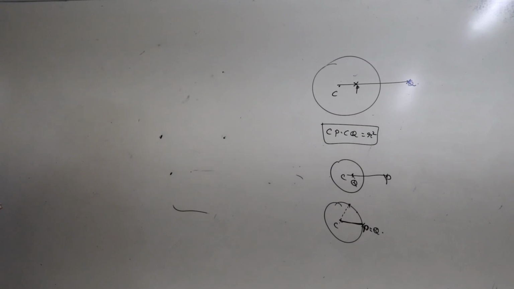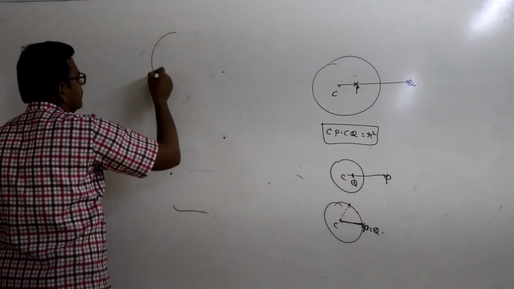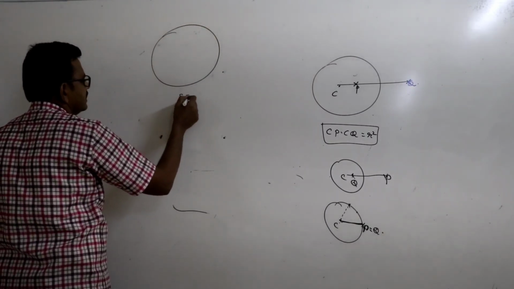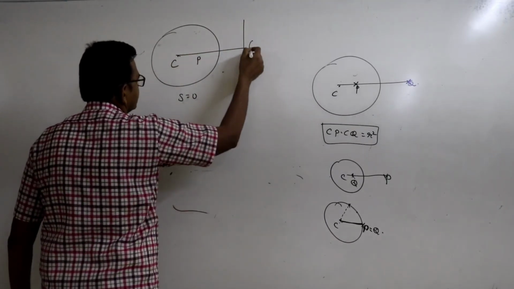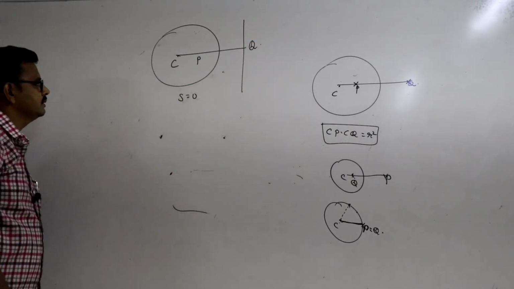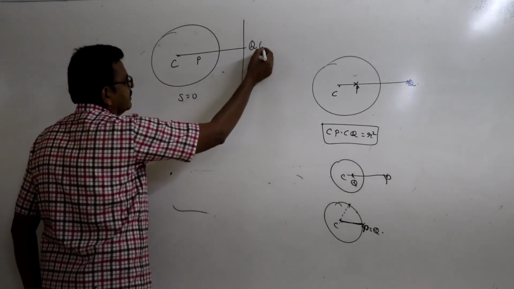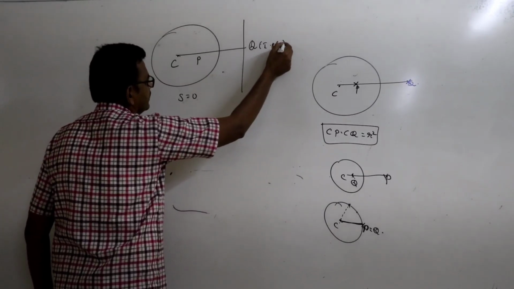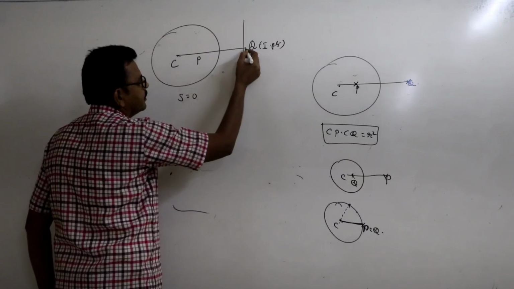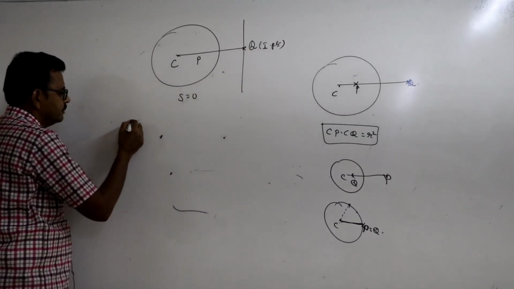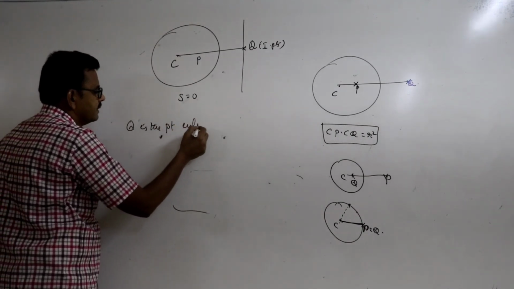Write a note. How to find the inverse of a point? This is the circle S = 0, with its center, and this point is P. Suppose this point is Q. This is the inverse point.